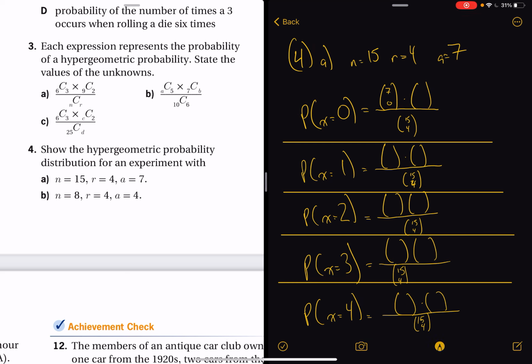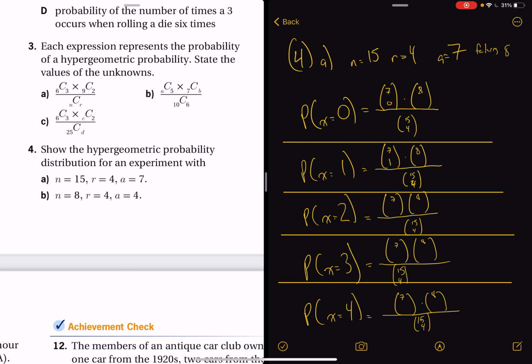I'm just going to put failures here so that I know. Failures. You have 8, right? 15 minus 7. So here we have 8. In fact, all of these will be 7, 7, 7, 7, and we'll have 8 failures to choose from for all of them. In this case, I'm choosing 1.